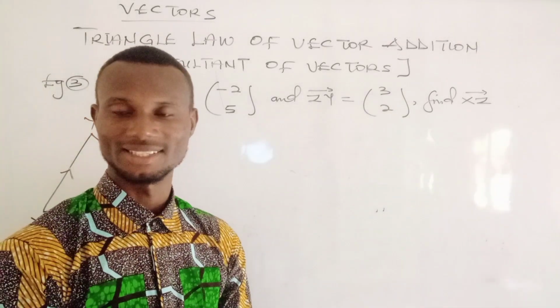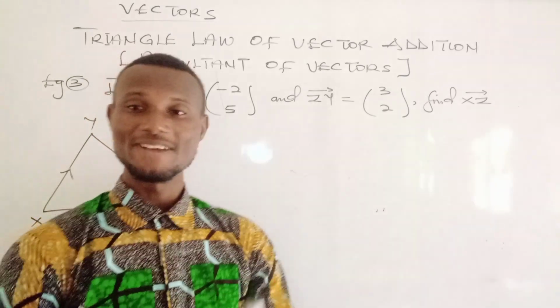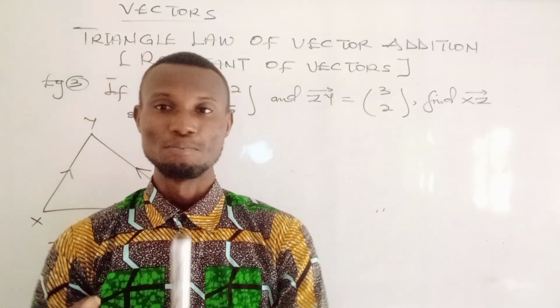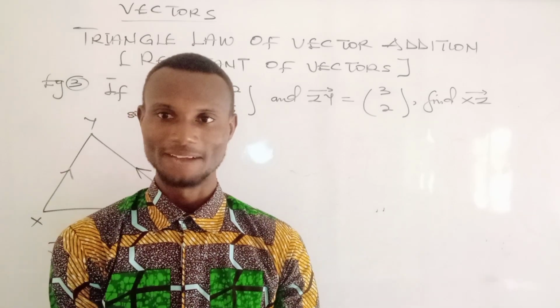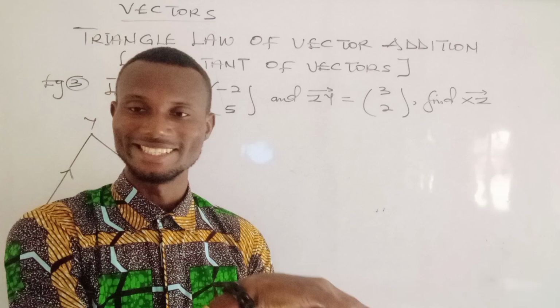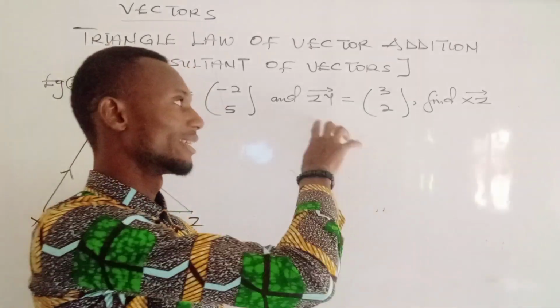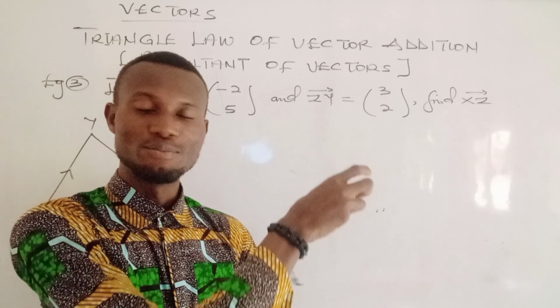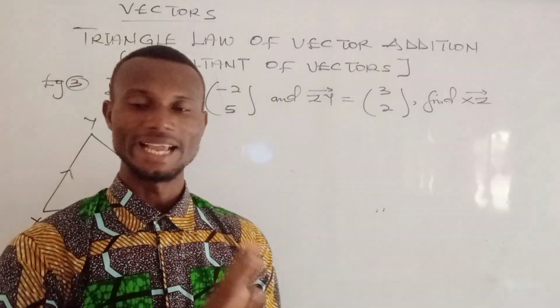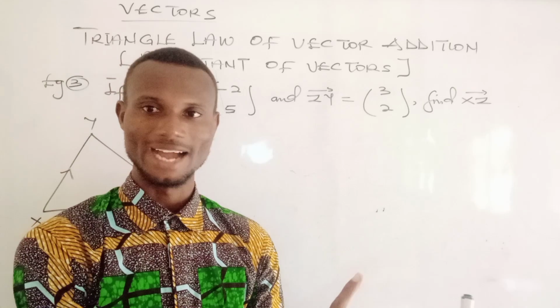We've done this in the previous video and I've explained it a lot. The inverse of a vector simply means the opposite of that vector. So for having zy, if I want yz, all that I need to do is to negate the zy, and that will give me the yz. Okay, I hope you understand. That's the inverse of a vector.